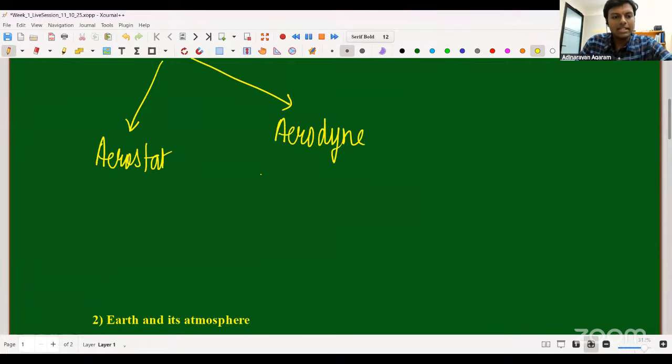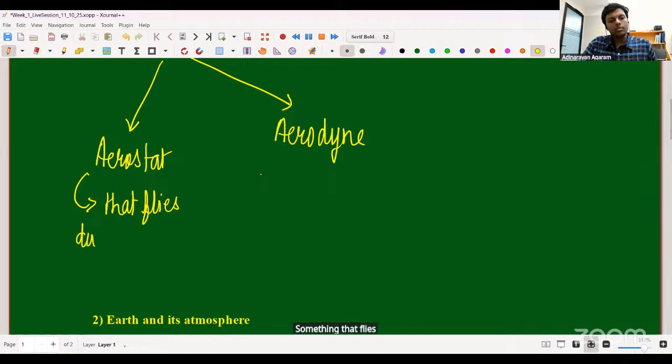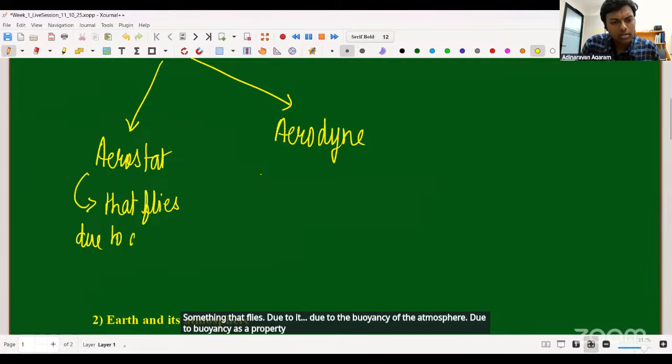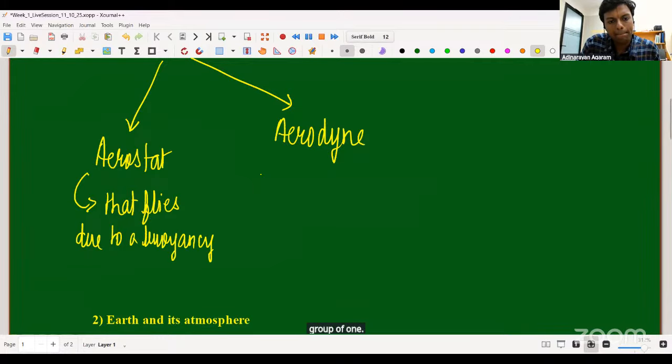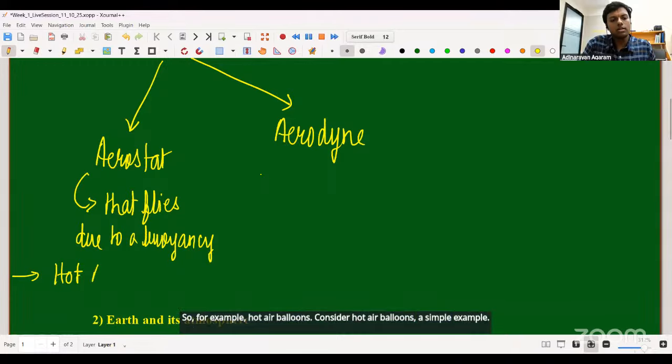Now, what is an aerostat? An aerostat is something that flies due to the buoyancy of the atmosphere. Due to buoyancy as a property in general. So, for example, hot air balloons. Consider hot air balloons, a simple example.